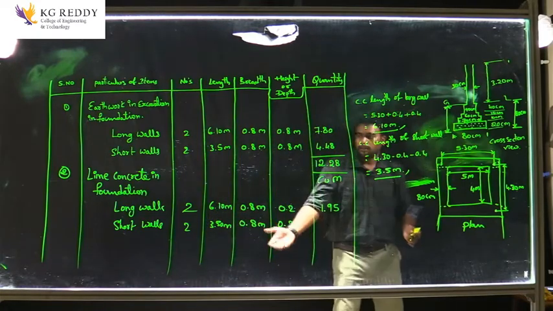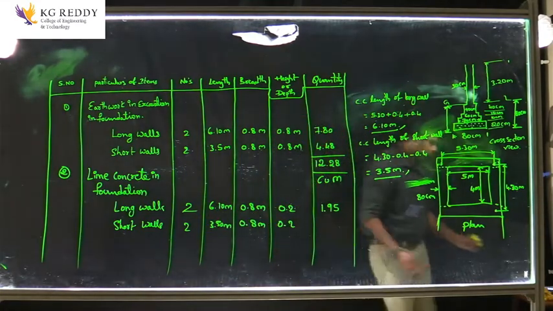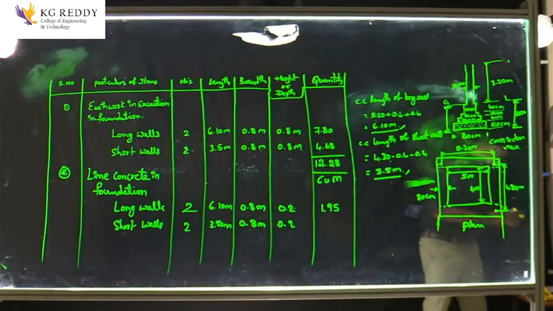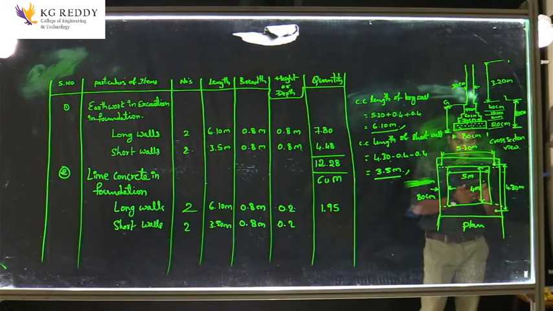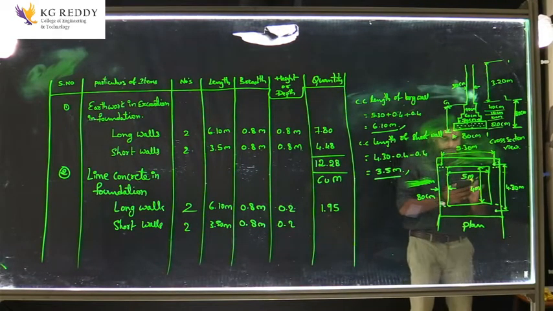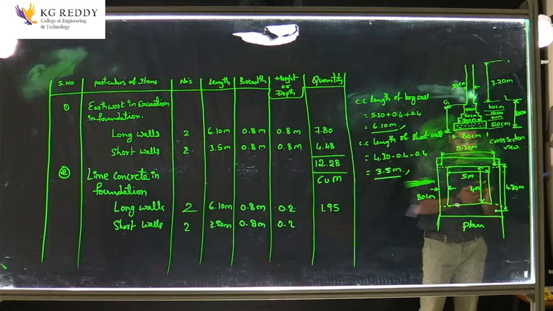Similarly, by multiplying these four, we will get this quantity. That is 2 into 3.5 into 0.8 into 0.2. So that is 1.12.